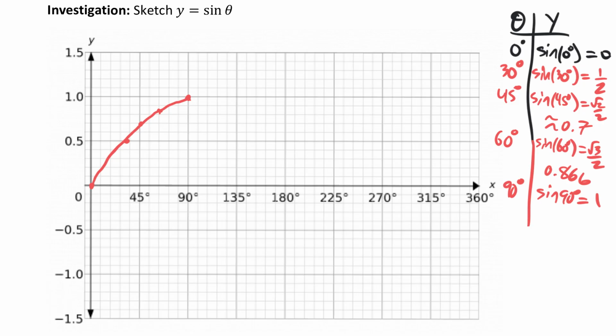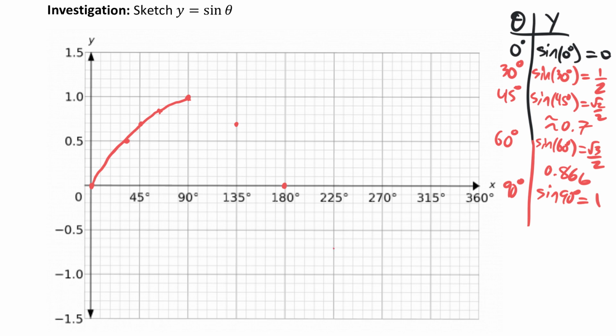All right, so assuming you gave this a try, sine of 135 is going to be, again, that root 2 over 2, which is going to be about 0.7 here. Sine of 180 is back to 0. Sine of 225 is going to be that negative root 2 over 2.